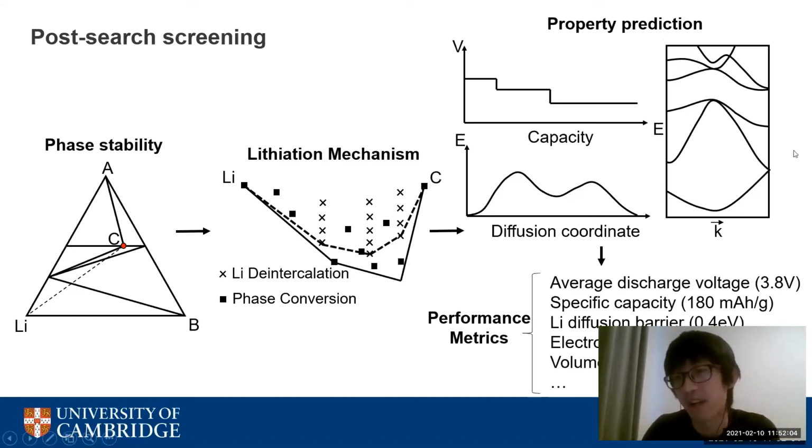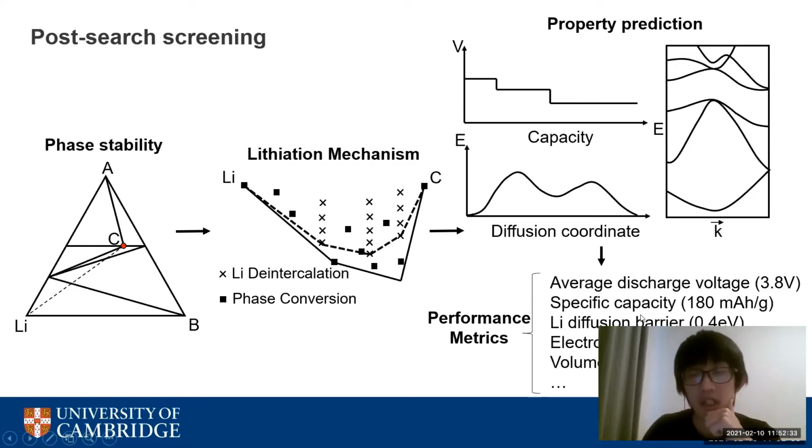An easy way to get a rough sense of it is to calculate the band gap. So if the band gap is not that wide, we can say that this material has a high chance of having good electronic conductivity. So basically, from the diffusion barrier of lithium and the electronic band gap, we can estimate the rate capability of the cathode, another important factor.